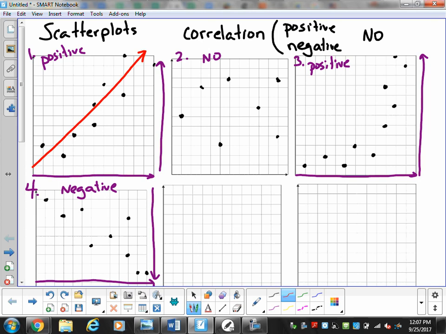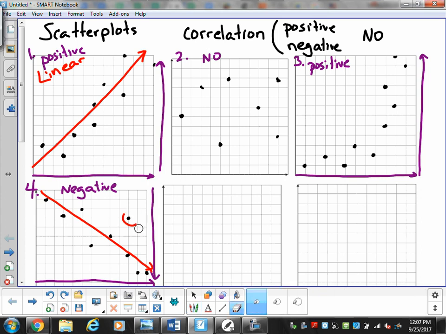And this kind of correlation we call linear. So we have positive linear correlation on number 1. If you look at number 4, this one kind of goes in a straight line direction. There's that one kind of weird piece of data out there, but for the most part, it's that straight line. So it's also going to be linear.